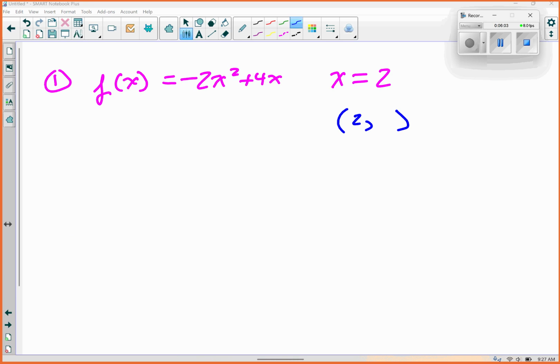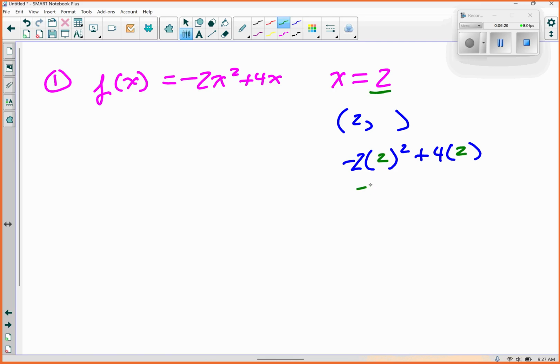Find the y value. How do I find the y value when I'm just given this? In order to find the y value, we don't have to do the derivative first. We're just going to take the 2, where those parentheses are is where x had been, and replace it here and here.